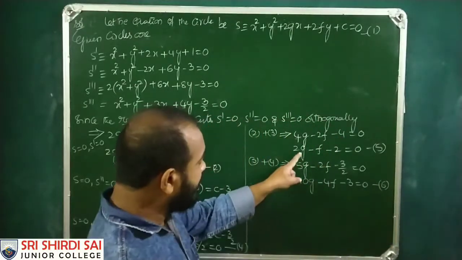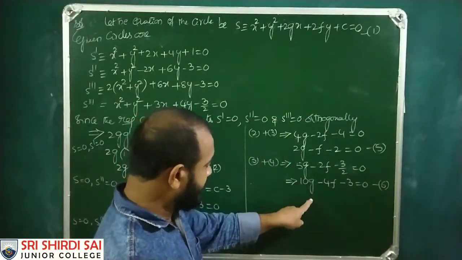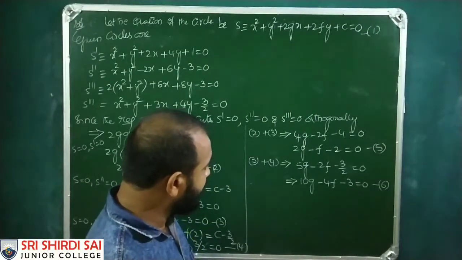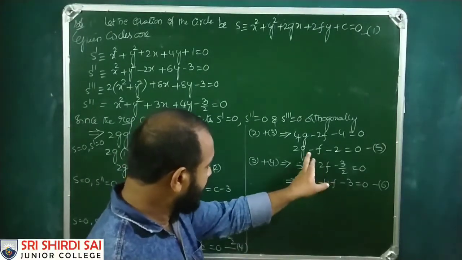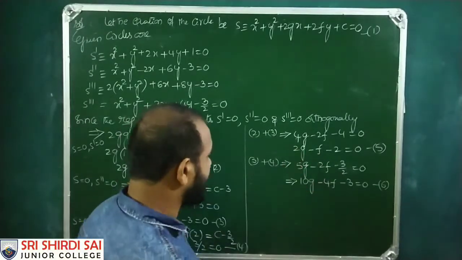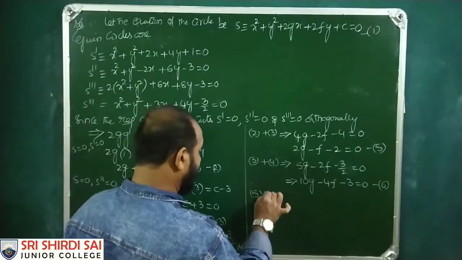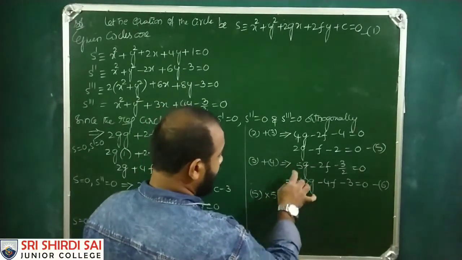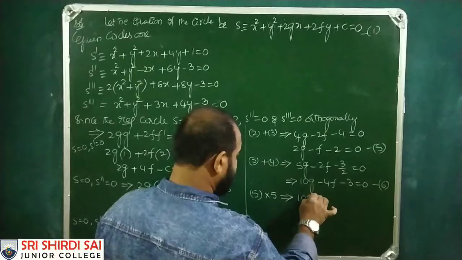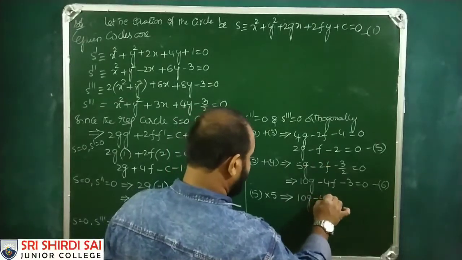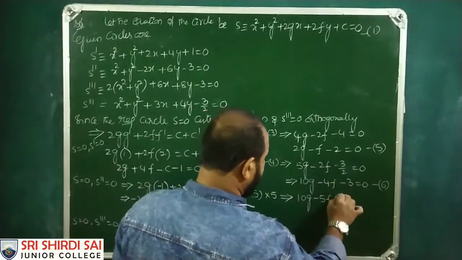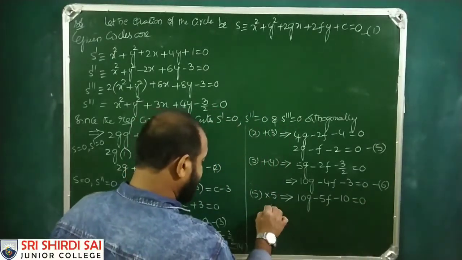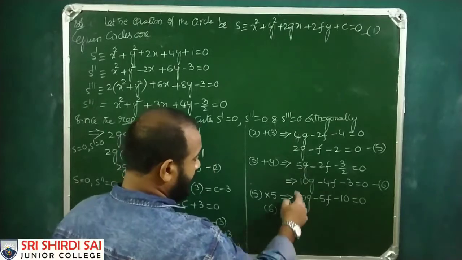So I will solve 5 and 6, for which I will multiply the fifth equation with 5. Then 5 2s are 10g, minus 5f, minus 5 2s are 10 equals 0. And the sixth equation is as it is. I am not doing anything for that.